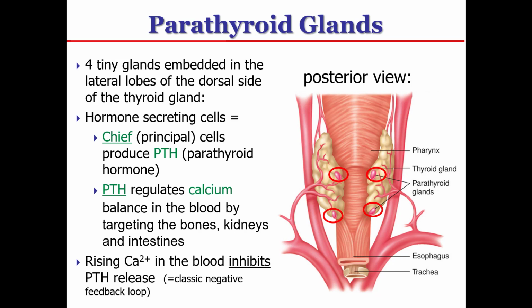So you really do have to supplement calcium at some point if you want to avoid osteoporosis later in life or brittle bones. So once the calcium levels start rising in the bloodstream, that will start inhibiting PTH release, which again would be a classic negative feedback control loop to optimize calcium levels in the bloodstream.